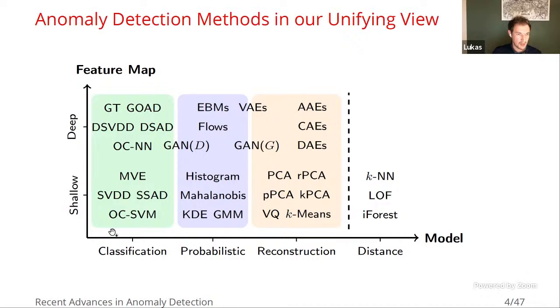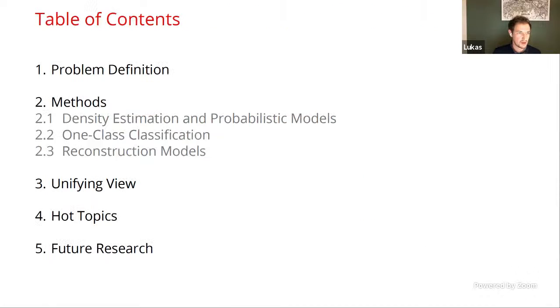And we have grouped them by common principles that are based on one-class classification, probabilistic or density estimation methods, and reconstruction methods. So this is just a first overview, but I will get into detail into these methods.